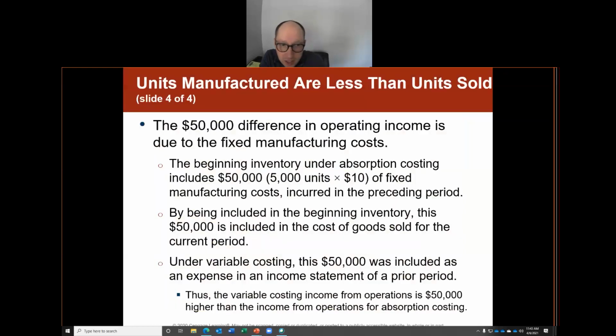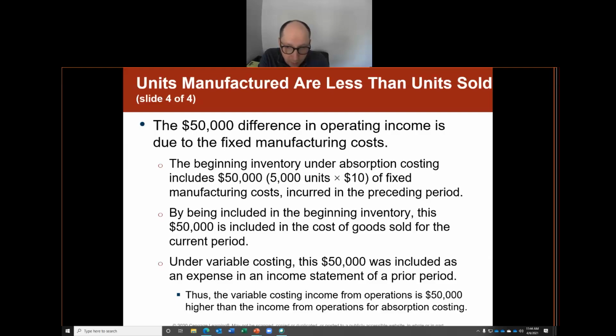What causes this difference? Well, the beginning inventory had a lower fixed cost because it was made during a different time, and our fixed cost went up by $5. So that's one of the reasons.